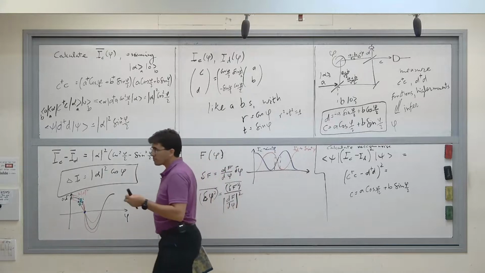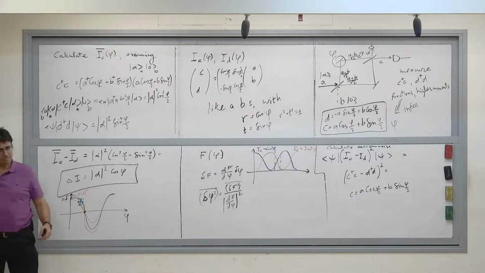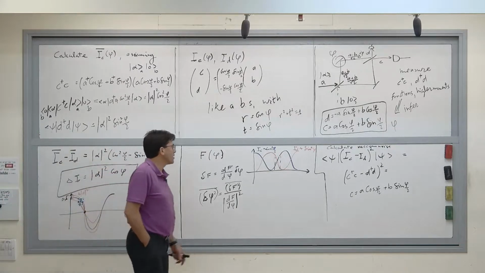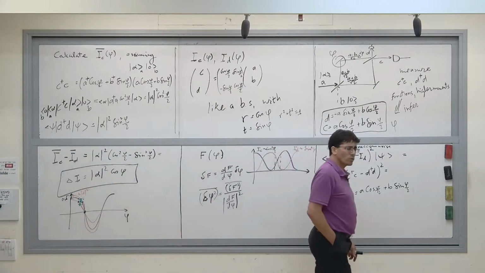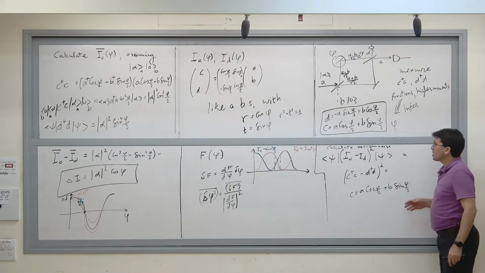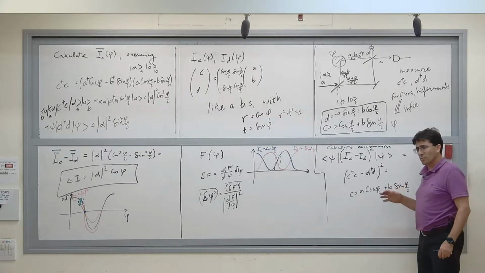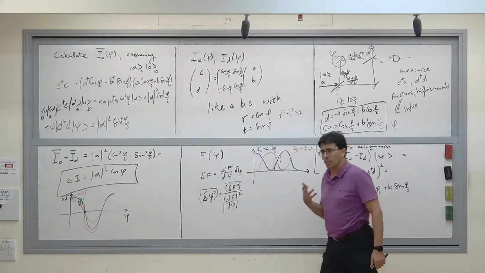Why? Maybe we'll do it next time. Because we're already late and we will really finish this calculation next time, so let's see a little bit of intuition to where this thing is going.